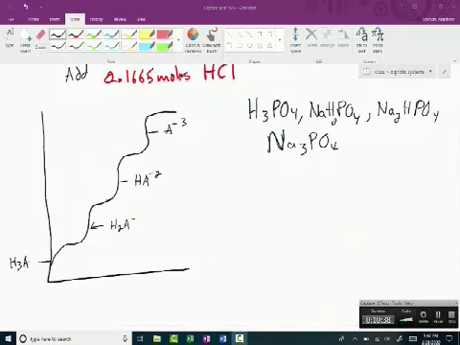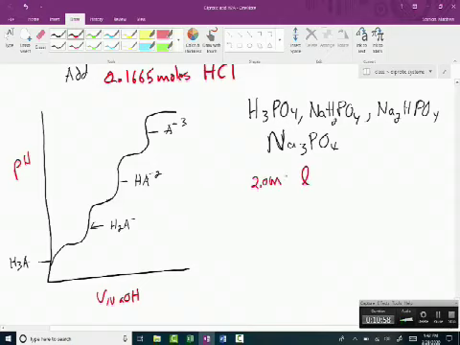Now we can extend this to a triprotic, and that's what I drew, a titration curve with pH on this side, volume of sodium hydroxide. And again, whatever I want. If I have 2.0 molar and I want a liter of it, I can start with 0.2 moles here, I could start with 0.2 moles here, here, and here.